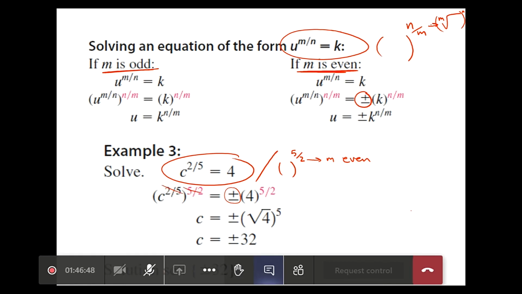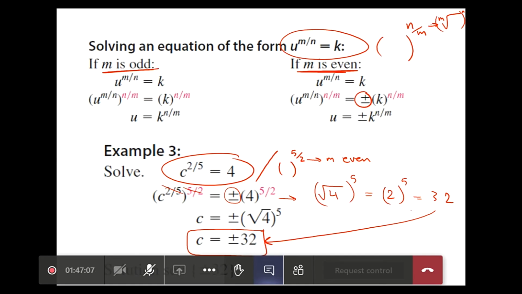Remove this one with this one, so we have c plus minus the cubes. This means radical of 4 all to the power 5. What's the value of radical 4? 2. 2 to the power 5, this is 32. So put 32. Positive negative 32. Okay.